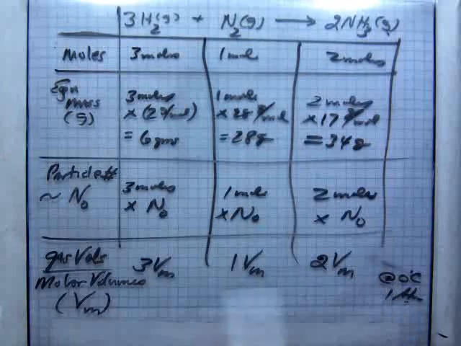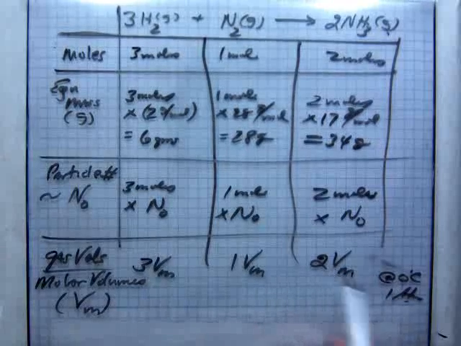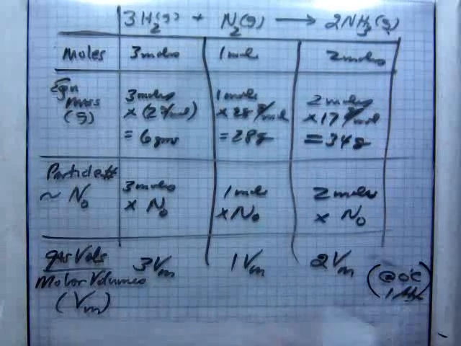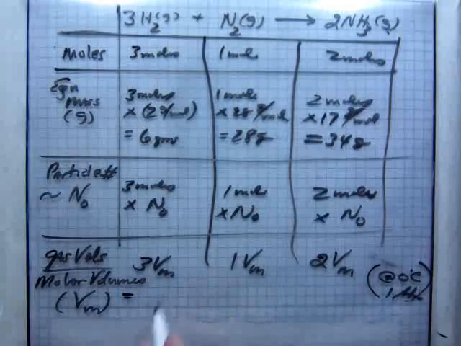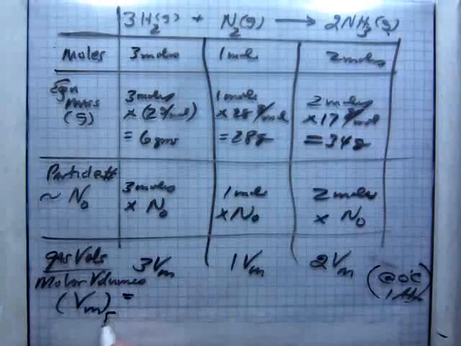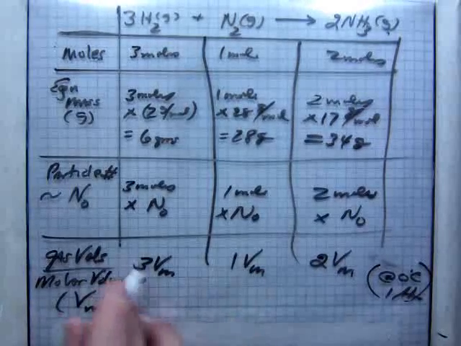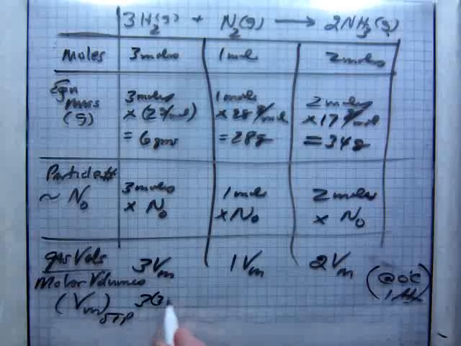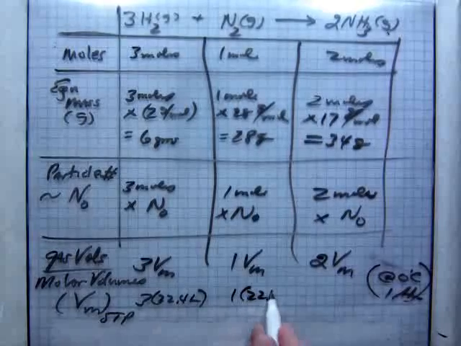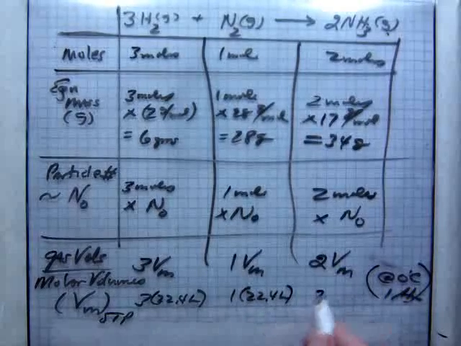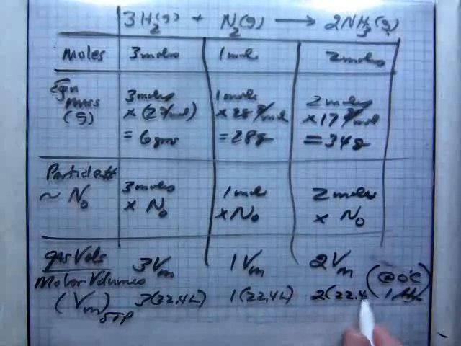But if you're going to put a numerical value in there with Vm, you have to relate it to whatever the temperature and pressure conditions are. And in this case, Vm at STP would be 3 times 22.4 liters, 1 times 22.4 liters, and 2 times 22.4 liters.